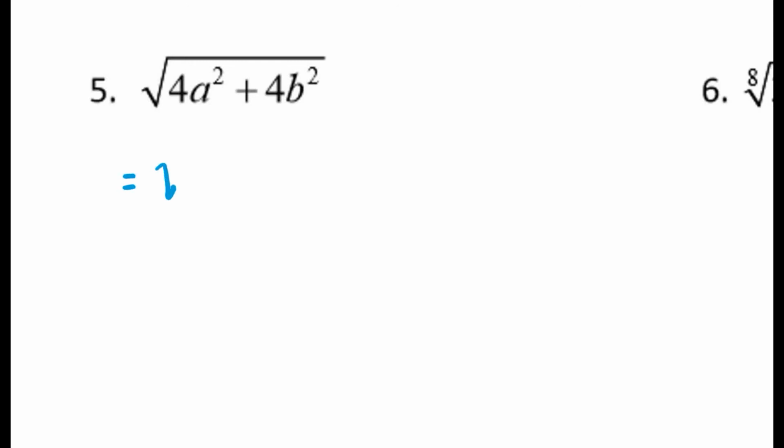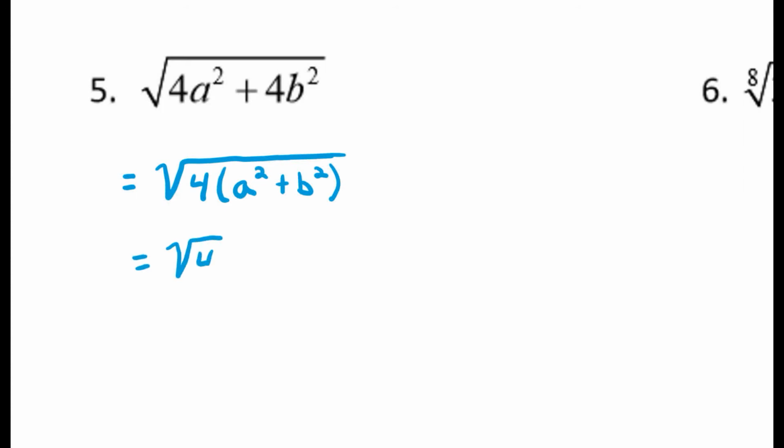The same thing would be true here in terms of we would want to factor out the 4 and get 4 times the quantity of a squared plus b squared. Because when we separate our radicals, we do that in terms of what it's multiplied by.